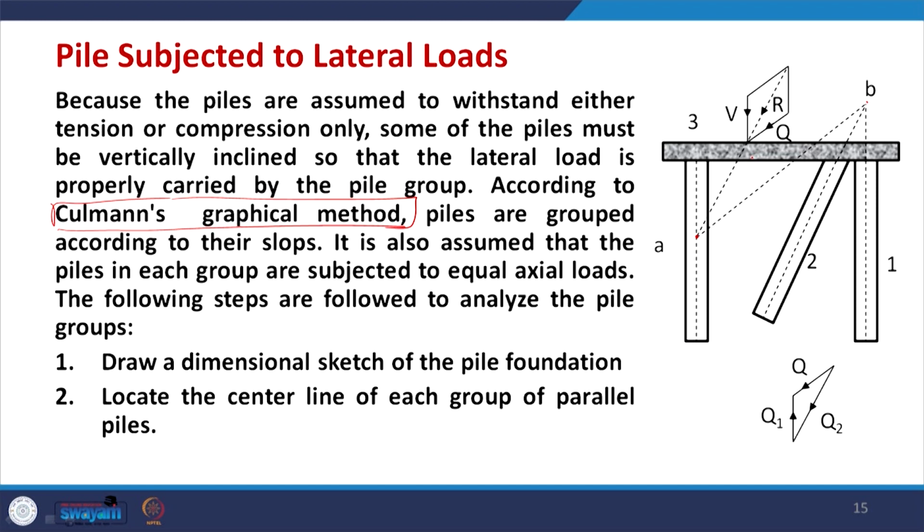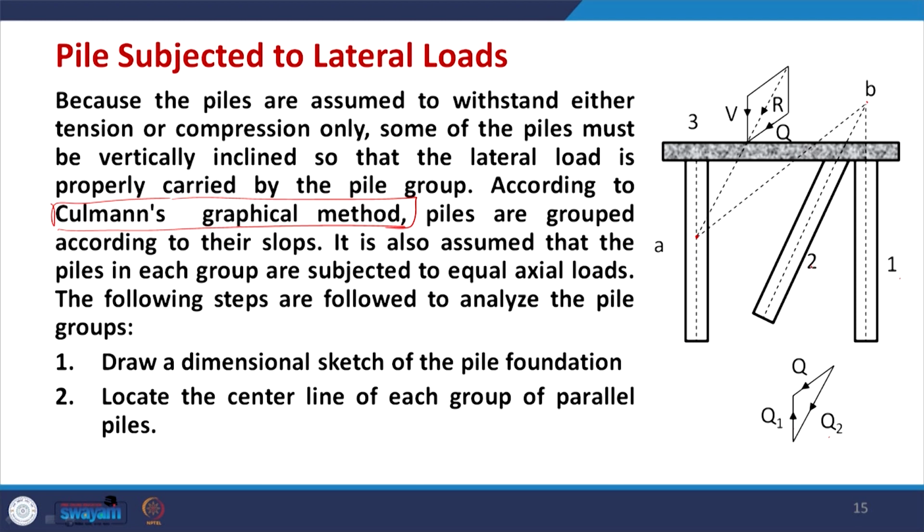Then you resolve Q again into 2 components, one is Q1 and another is Q2, where Q1 is acting here and Q2 is acting downward. So, Q1 is vertical and Q2 is parallel to the direction of the center line of 2. So, the Q1 load will be for group 1 and Q2 will be for group 2.